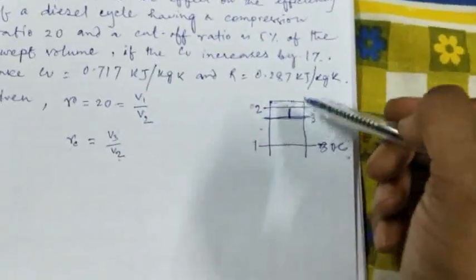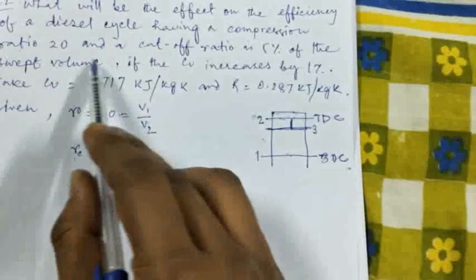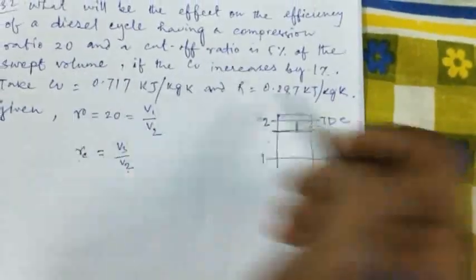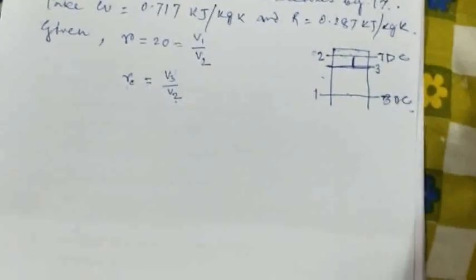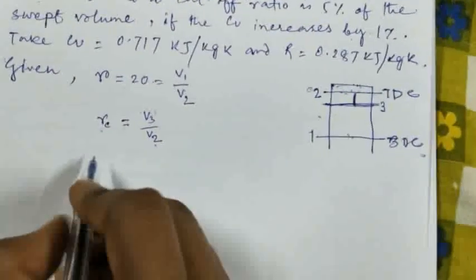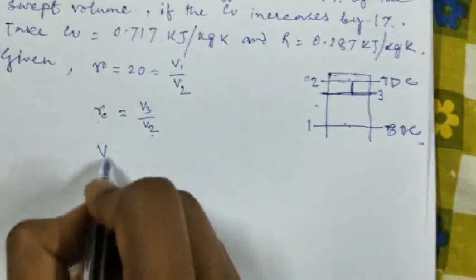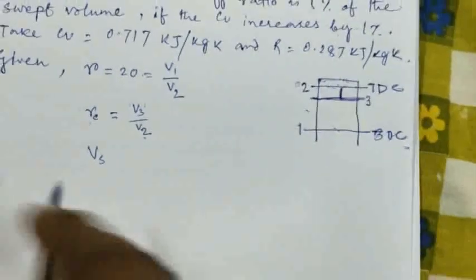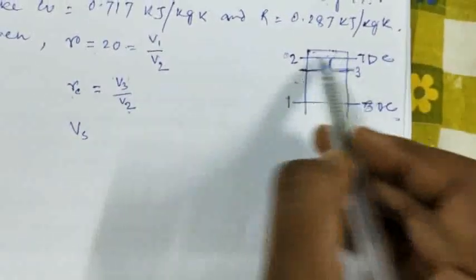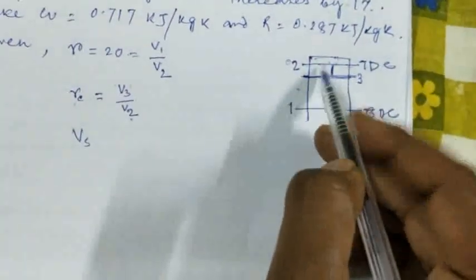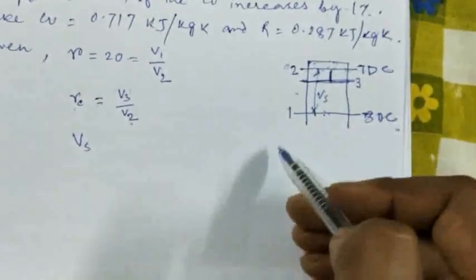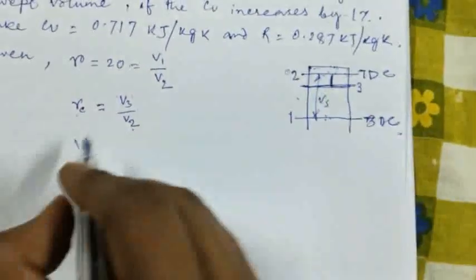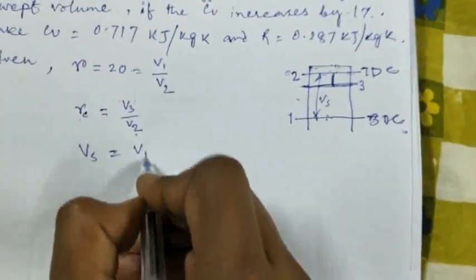It is told in the question that the cutoff is 5% of the swept volume. So how to calculate this? Before we calculate the cutoff ratio, we need to calculate the swept volume, Vs. Vs means the volume swept by the piston from top dead center to bottom dead center. So Vs equals V1 minus V2.